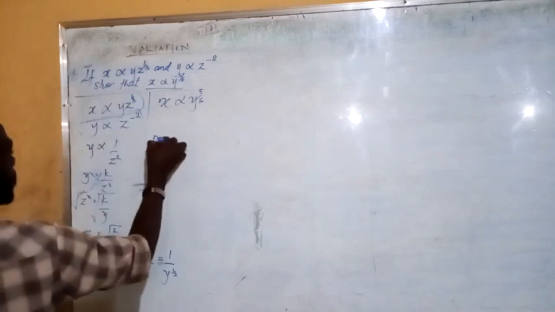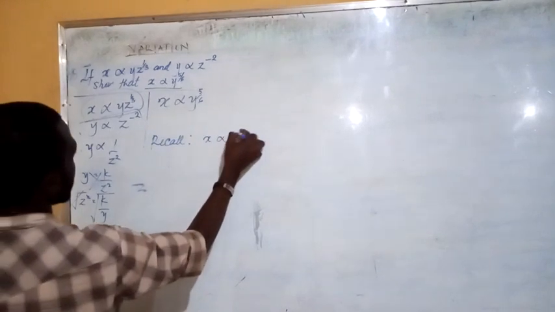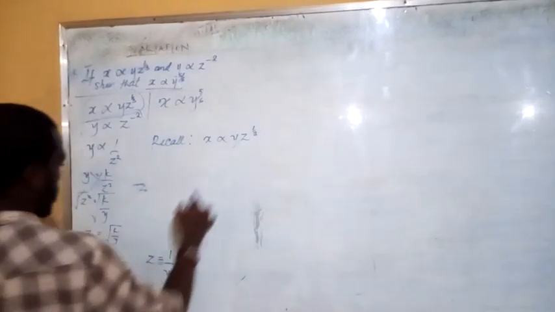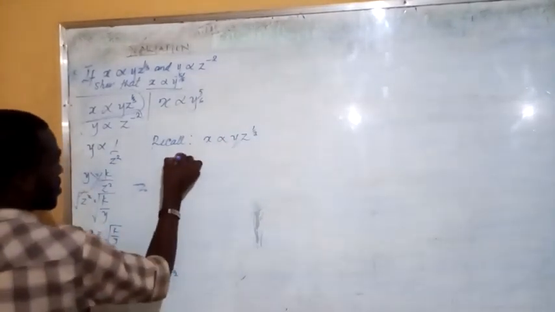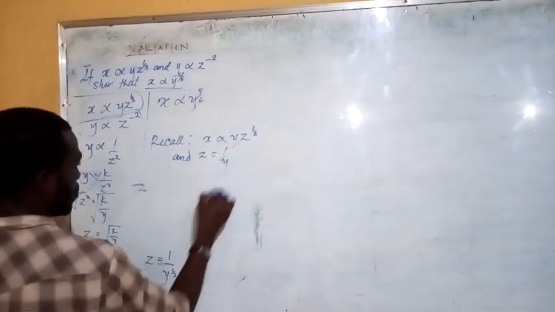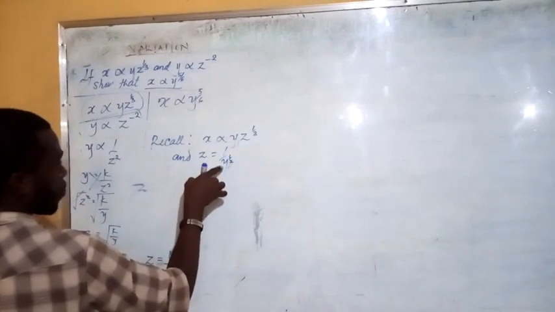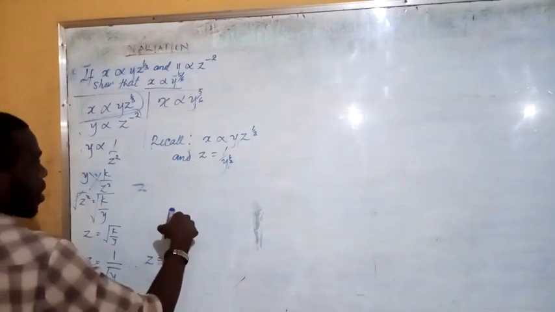So recall now that x varies directly as y times z raised to the power 1 over 3, and z is equal to 1 over y raised to the power 1 over 2.